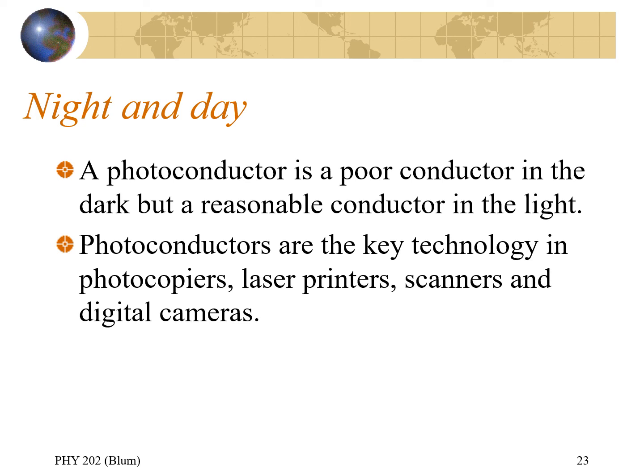That makes them light detectors, because we can detect this difference in conductivity, and that makes them a key technology, photoconductors that is, in photocopiers, lasers, printers, scanners, digital cameras, anytime we are trying to detect light.